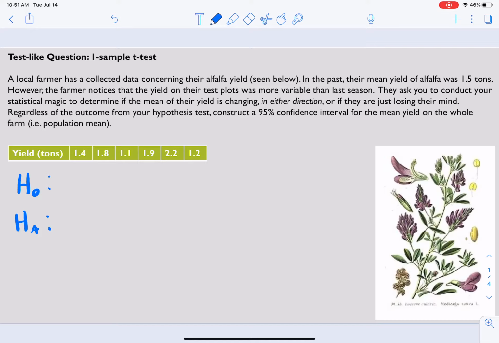So our null hypothesis is that the actual population mean equals the known null value, last year's yield, 1.5 tons. And then the alternative, what we want to support, what we're testing, is whether the actual population mean is not mu naught, is not 1.5.